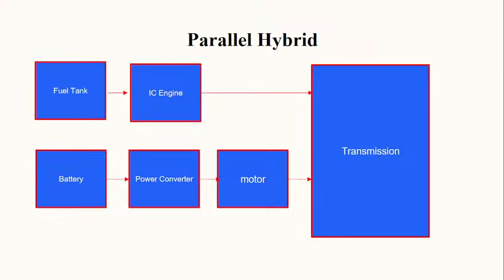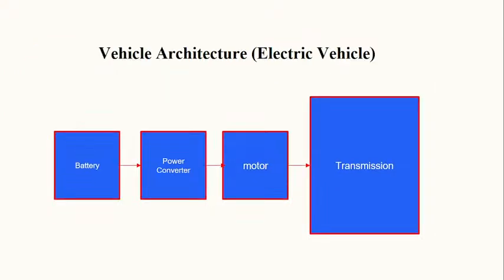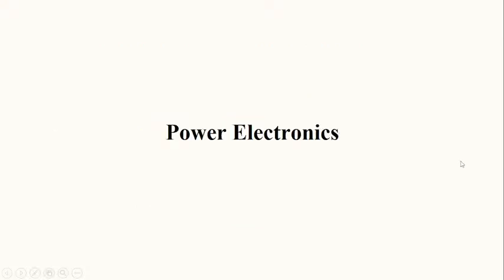This is a parallel hybrid, so at a time we can run the transmission in a parallel way. Here we are showing the block diagram of the vehicle architecture. We take the input as a battery and power converter, after the converter to the motor, and the motor we can run the transmission, right?